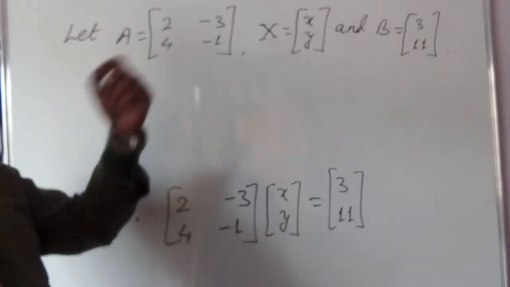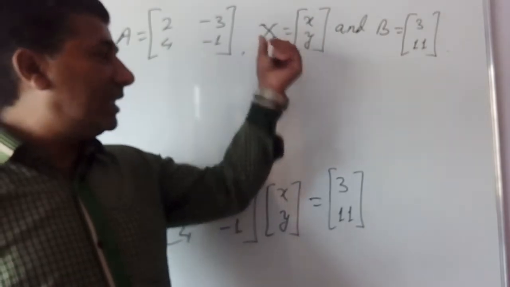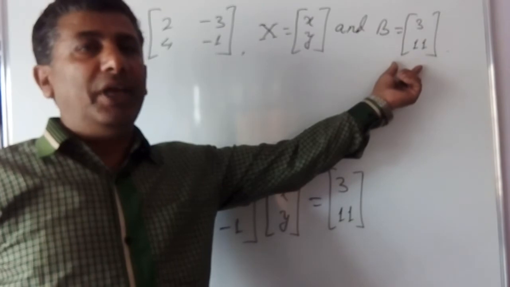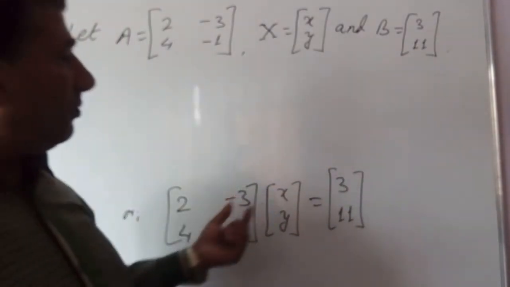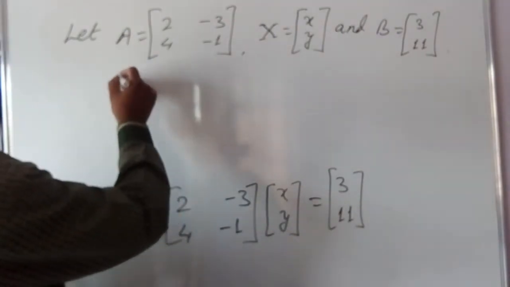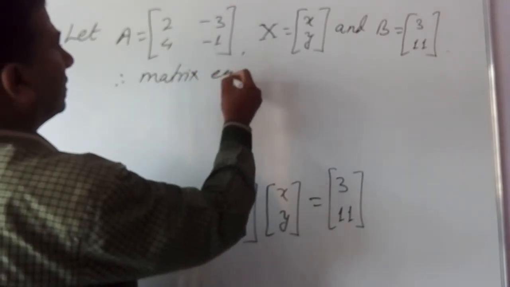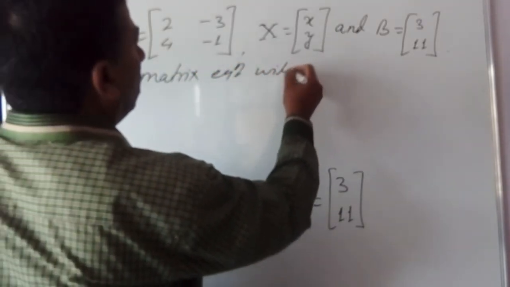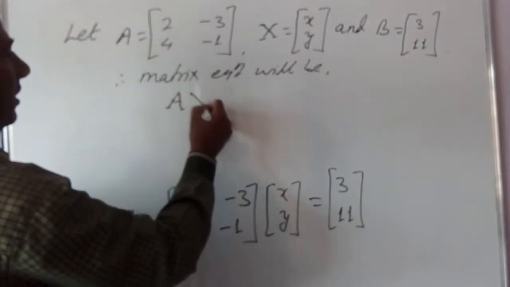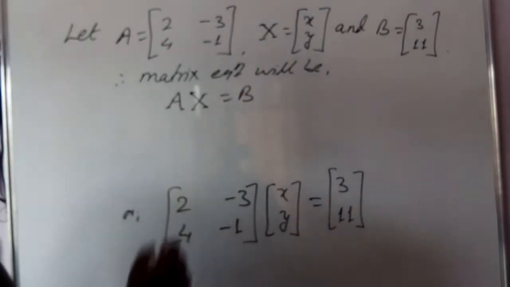We can say the coefficient matrix is matrix A, the variable matrix is matrix X, and the matrix of constant terms is B. Therefore the matrix equation will be AX equals B.